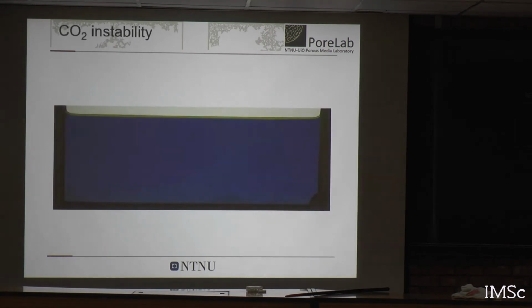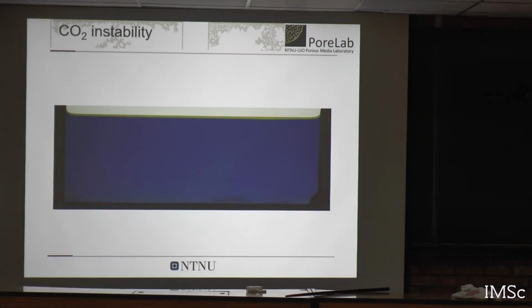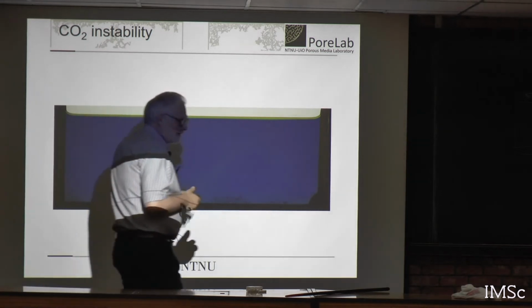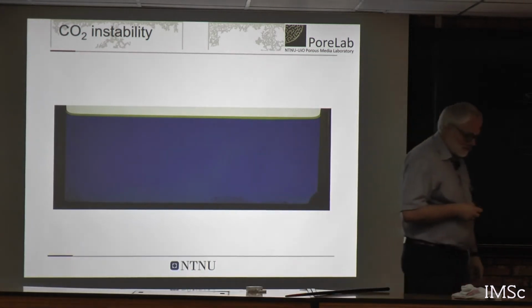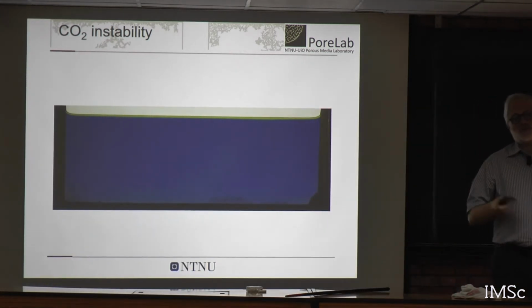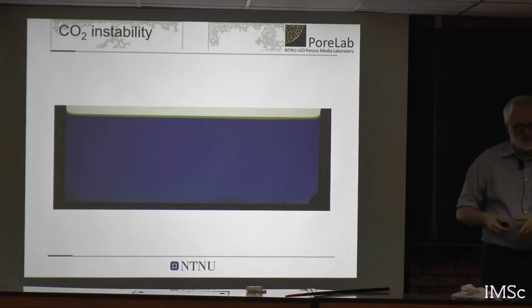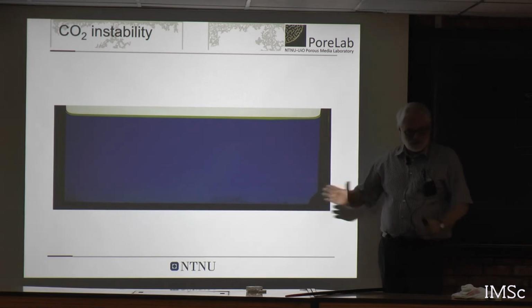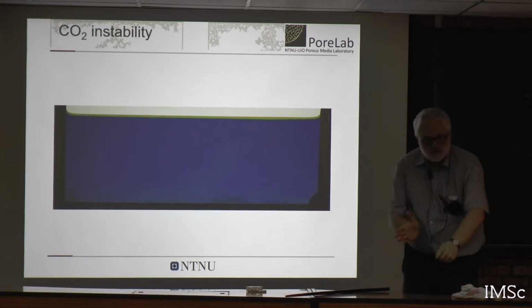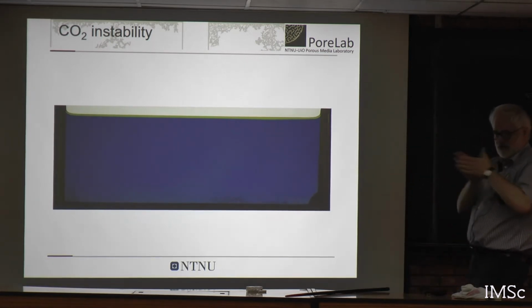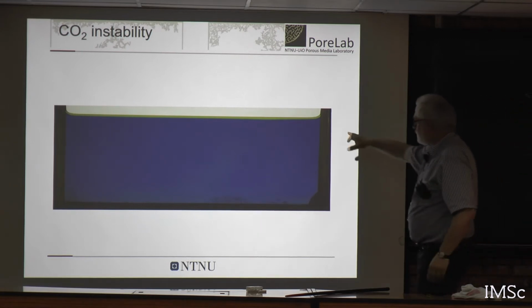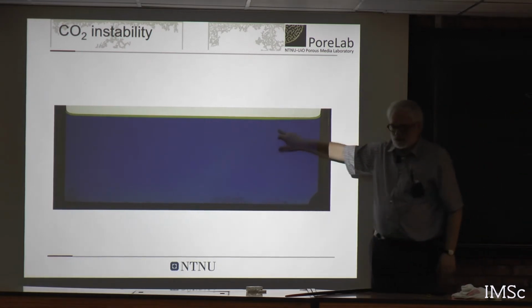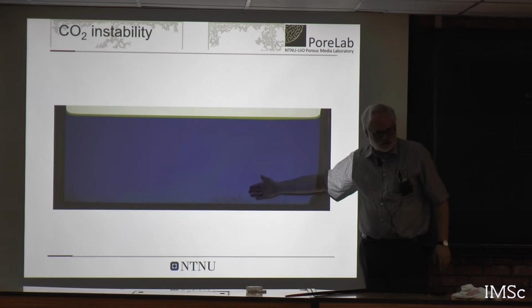All right. And then I thought I'd just show you a fun experiment that has not been analyzed, just to show you what kind of experiments people are doing in Oslo. This is a Hele-Shaw cell, which is now standing, so 2 glass plates standing like this. It's filled with glass beads, but you basically cannot see them because of the viscosity match.